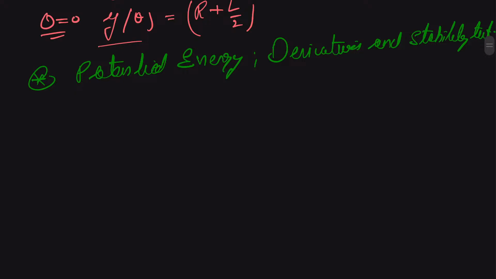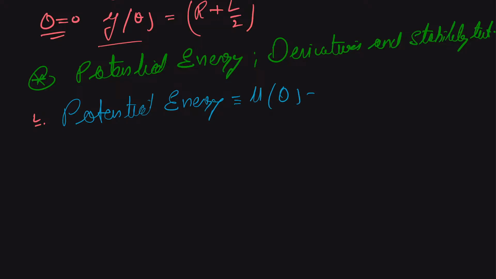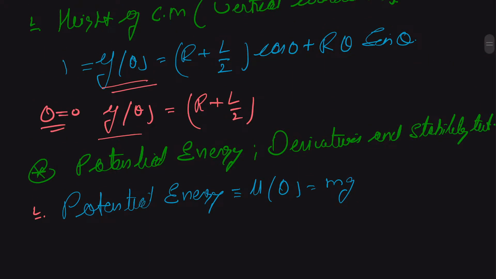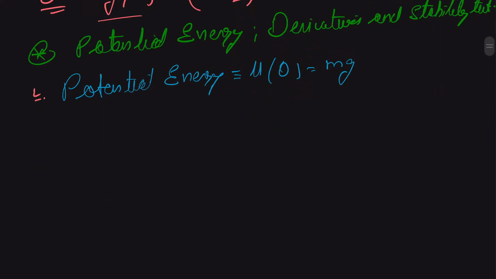Let us call the potential energy u of theta, which will be equal to mg times h, where h is the height, that is y of theta.